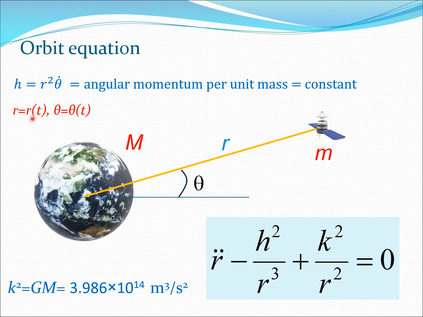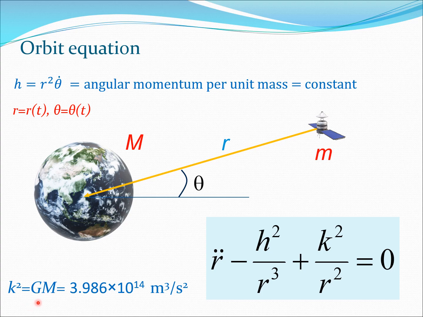So essentially there was one equation, that is h is r square theta dot, which is the angular momentum per unit mass, and this is constant for a spacecraft. Also the second equation, which is the orbit equation, is r double dot minus h square by r cube plus k square by r square equal to 0, where the dot is the derivative with respect to time.